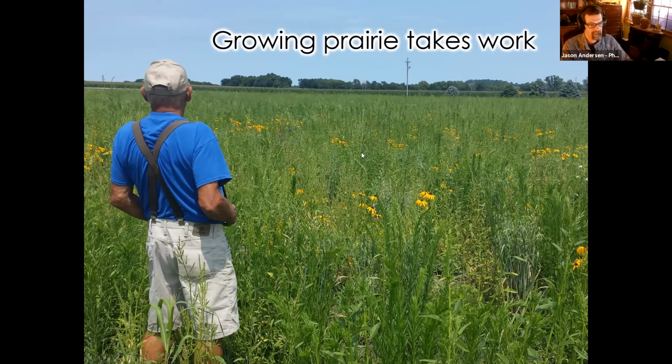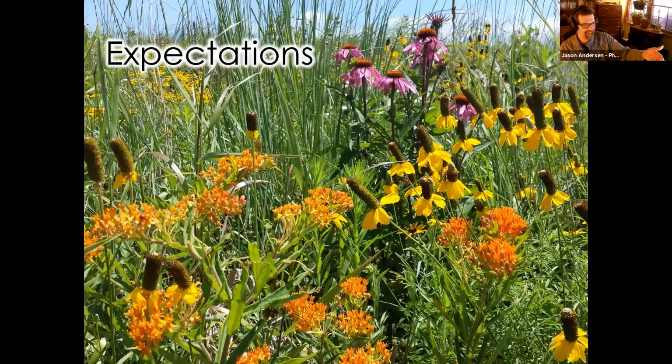Okay. Well, there's Clint looking at his prairie, all the same. So again, I don't want to dissuade anybody from doing this, but oftentimes this is what you want, right? This is the vision, the picture that you have in your head. You want flowers and grass and all that cool stuff, and you can have that, but it's probably going to take time. Definitely more time if you do it from seed.